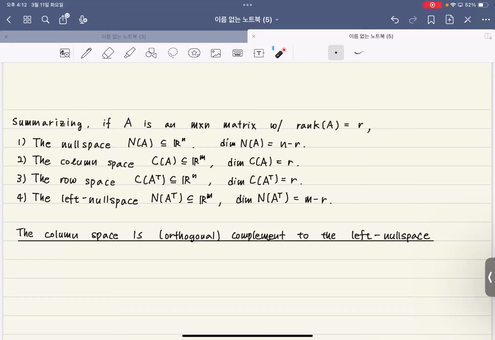Well, in set theory, suppose you have a big set and a small subset contained inside. If I say complement, then you know what I mean, right? All the other elements outside of that small subset. But what do I mean by the complement of not a set, but a subspace? First, I will try to explain what I mean by the complement of a subspace, and also what I mean by orthogonal subspaces.